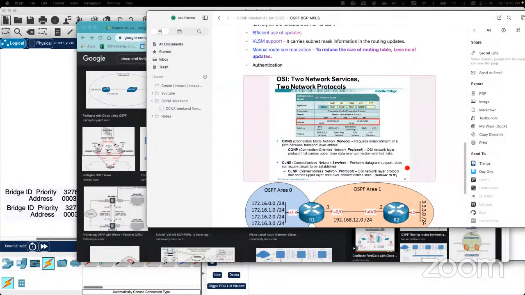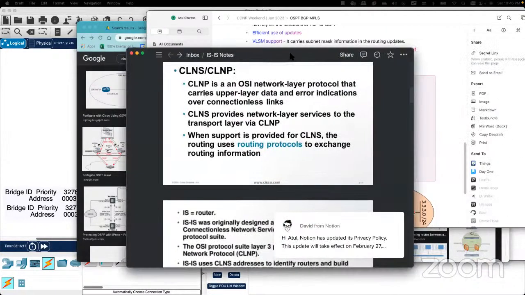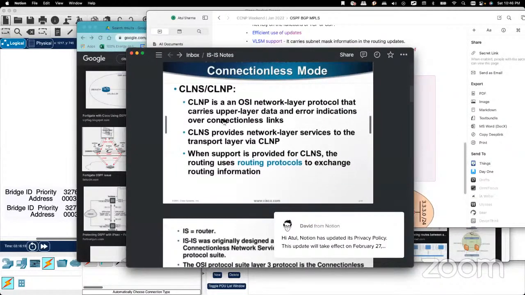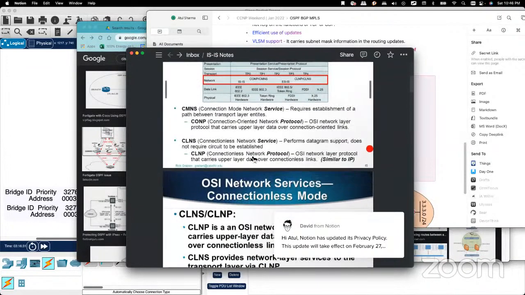So after that, when it comes to CLNP, let me show you this stuff. This is my ISIS notes. CLNP is an OSI network layer protocol that carries upper layer data, and this is like IP.